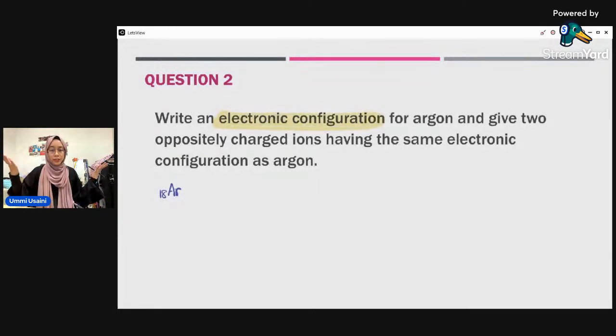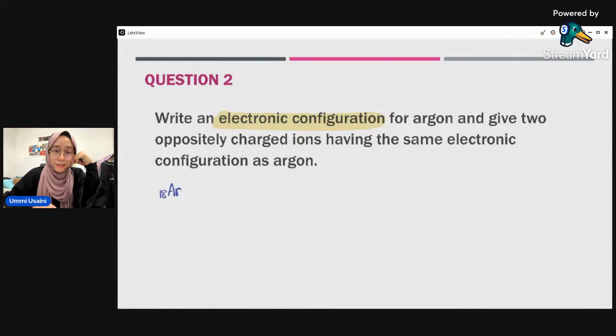And then they just mention about electronic configuration. So electronic configuration meaning it's up to you. You want to give in SPDF notation ke, you want to give in orbital diagram kah? It's up to you. Kalau guna half-headed arrow atau full-headed arrow, masa kelas lecturer inform kena guna full-headed, tapi ada kelas kawan saya still guna half-headed. Actually, it doesn't matter. It depends dengan lecturer yang ajar kamu lah.